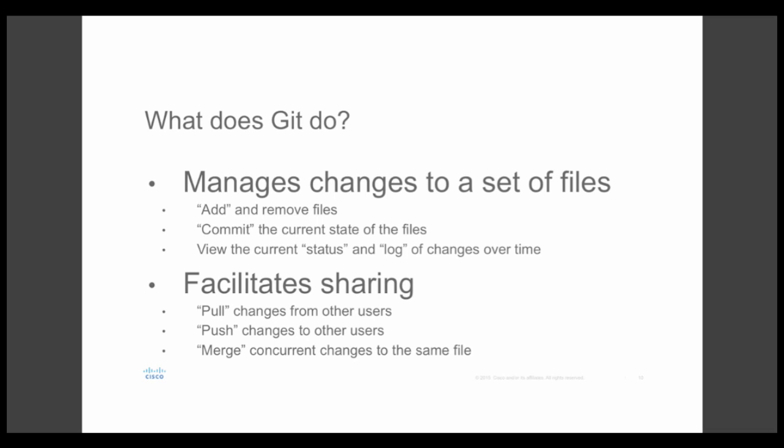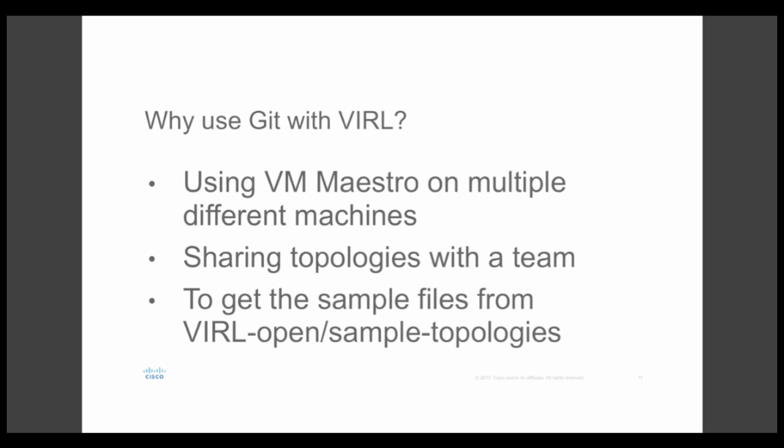You can merge in changes that have happened during concurrent edits. If you've used any other version control system, Git is a little bit different in its implementation, but it has a similar sort of feature set as something like CVS or SVN in terms of revision controlling systems. There are a couple of different reasons to use Git with VIRL.